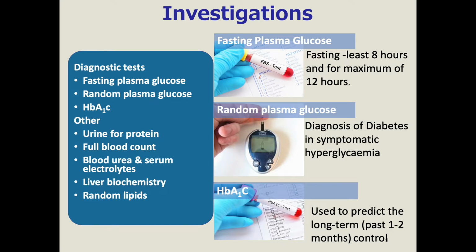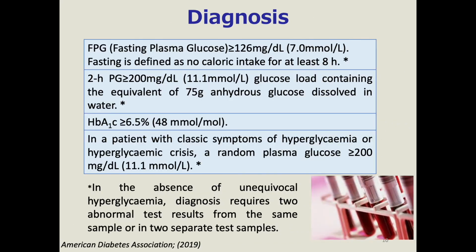The other investigations that are needed are urine for protein, full blood count, blood urea and serum electrolytes, liver biochemistry, and random lipids. These are the diagnostic criteria for diabetes.